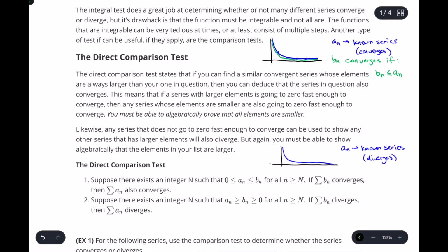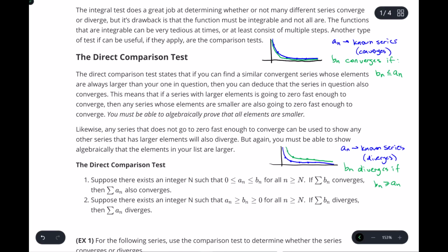And then we just compare element by element to b sub n. All right, so b sub n is the one we're interested in. And if all the elements in b sub n are larger than all the elements in a sub n, then b sub n would also diverge. So if b sub n is greater than or equal to a sub n.